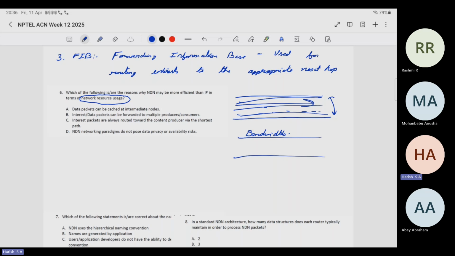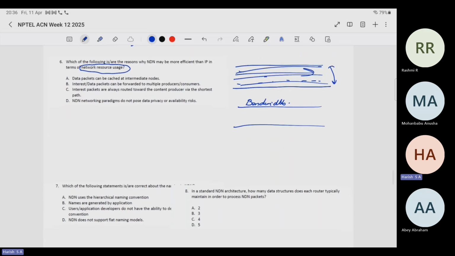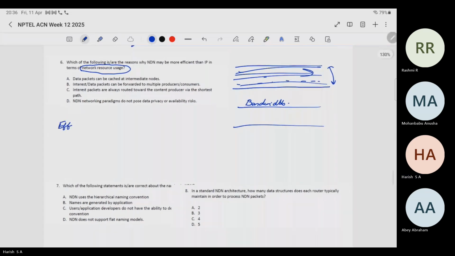These efficiency improvements come from its caching and flexible forwarding strategies. Caching and flexible forwarding.